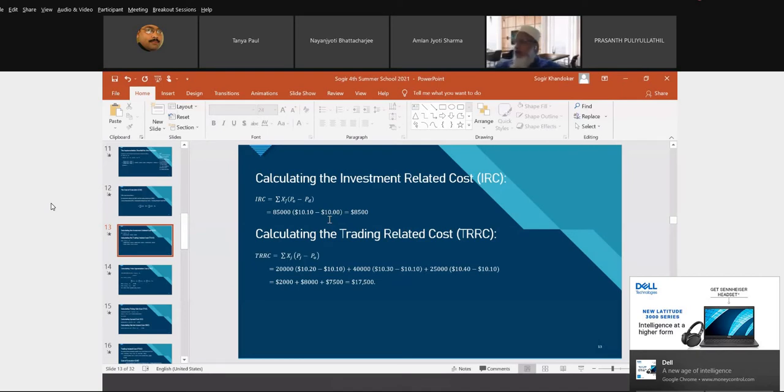However, by the time the order is placed, the price in the market has moved to P naught, that is $10.10. This gap in price needs to be considered as part of the cost, known as investment related cost, that is IRC, for not being able to execute the trade at the investment decision time price.